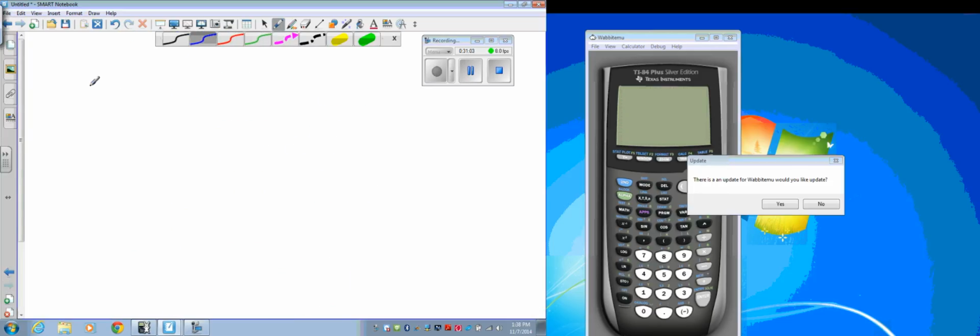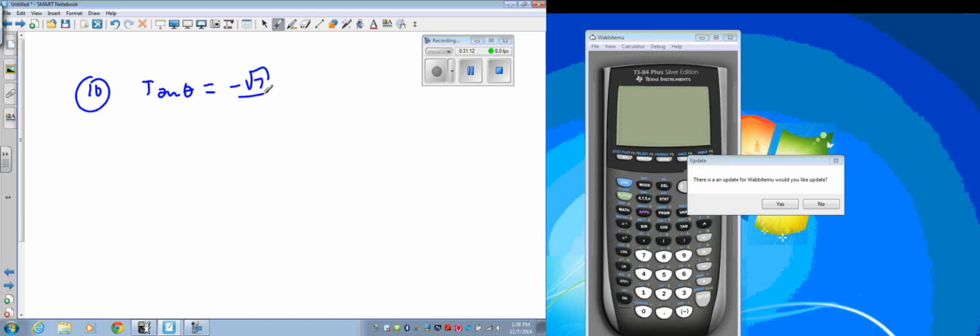If you look at 10, they're giving you tangent theta is a negative square root of 7 over 2, and they want sine, but secant is greater than 0. Secant is really what? 1 over cosine? Isn't secant 1 over cosine? So that says the cosine is greater than 0.